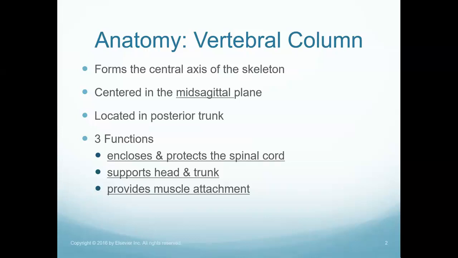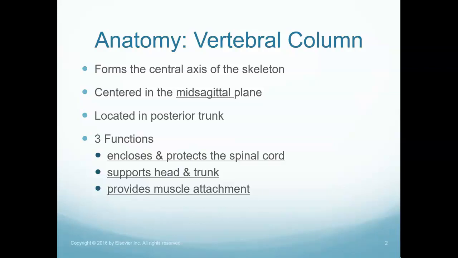Number one, it encloses and protects the spinal cord. The spinal cord is the bundle of nerves that sends messages to our muscles and to the different systems within our body. So that main channel protects the spinal cord from injury.